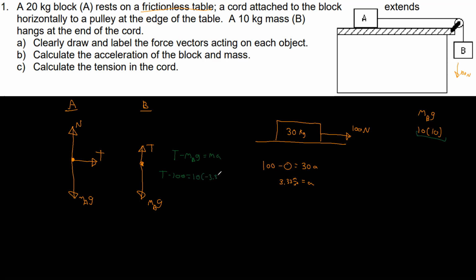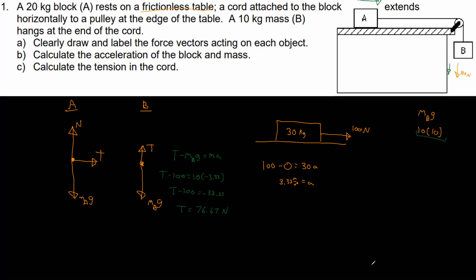Now I'm making it negative because the block will be accelerating down. The acceleration for A should be positive because it is accelerating to the right. This gets me T minus 100 equals negative 33.33. And then add 100 to both sides, and my tension should be, what would that be, 76.67?